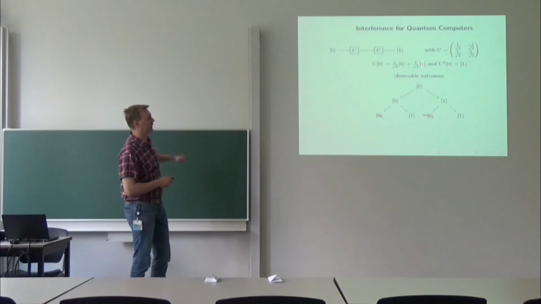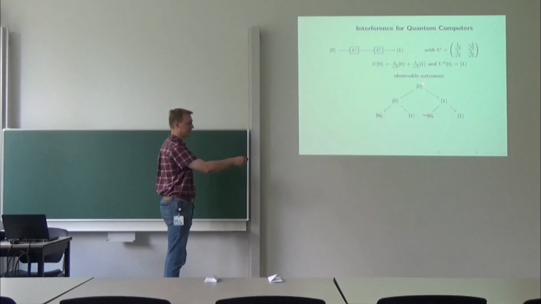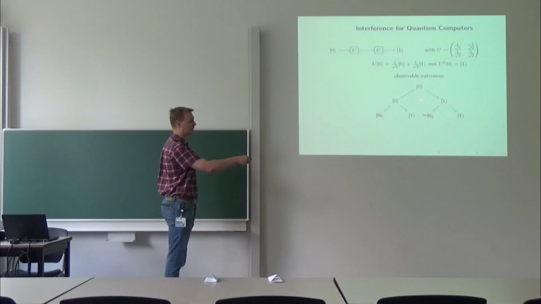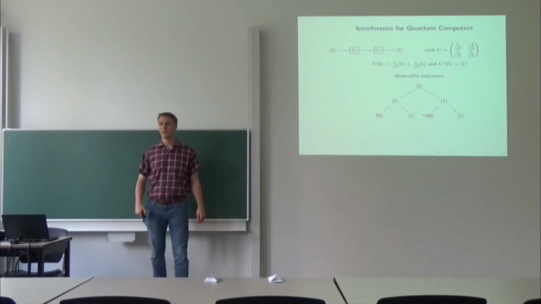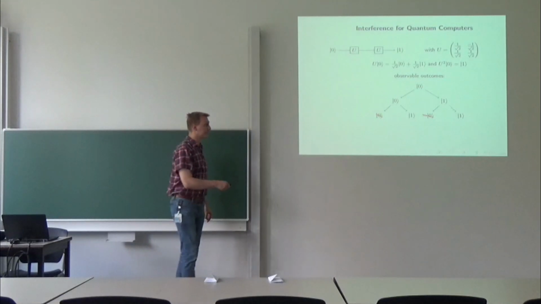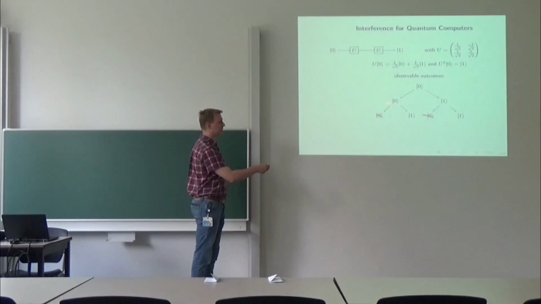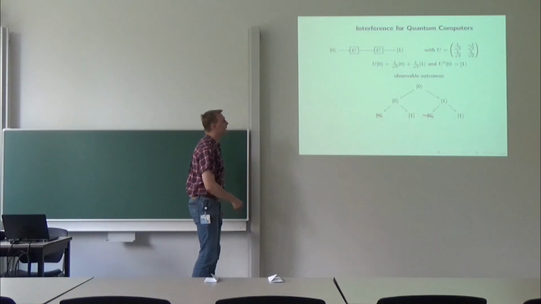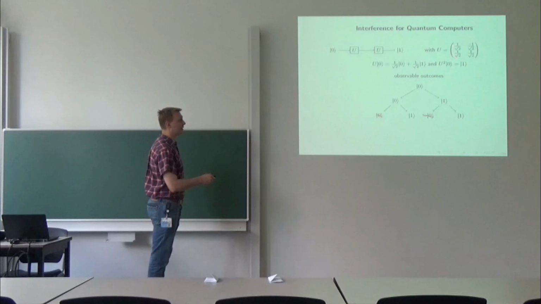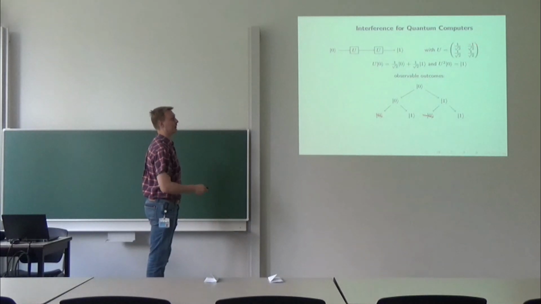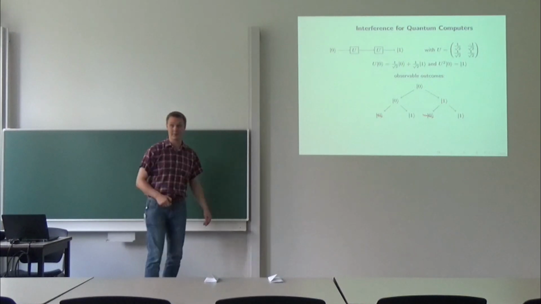If you draw the state transition diagram, we start with 0, then we apply the square root of naught gate once, we get the uniform superposition of 0 and 1, and then we apply it again, and each of these states become the uniform superposition of 0 and 1, except in order to make this matrix unitary, we had to add this negative sign right here, meaning that the state 1 will be mapped to -0.